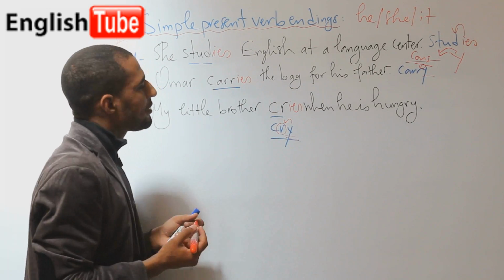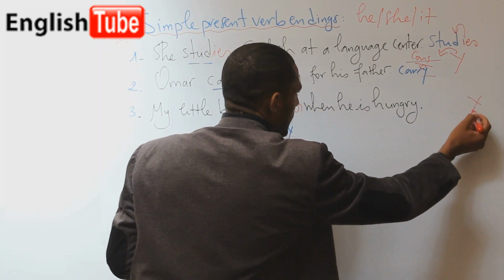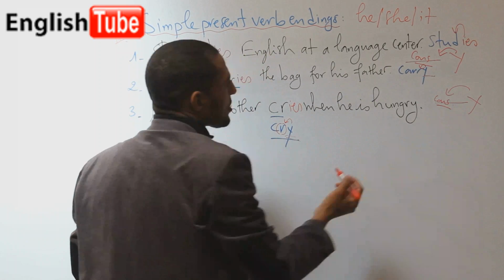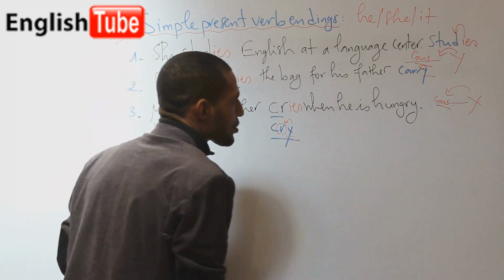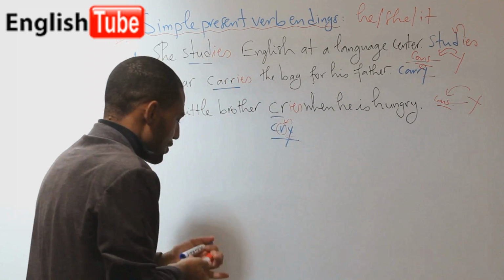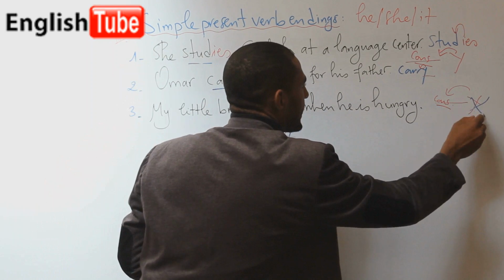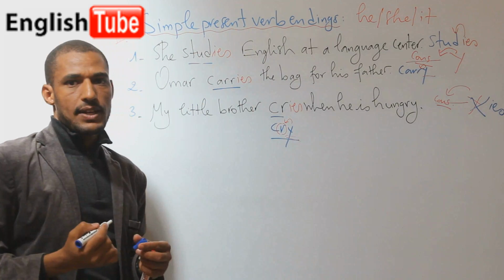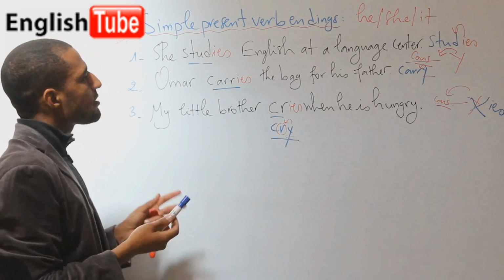Whenever you have Y at the end, preceded by a consonant, we should omit Y, cross and delete Y, and then add IES as a replacement. Is that alright?